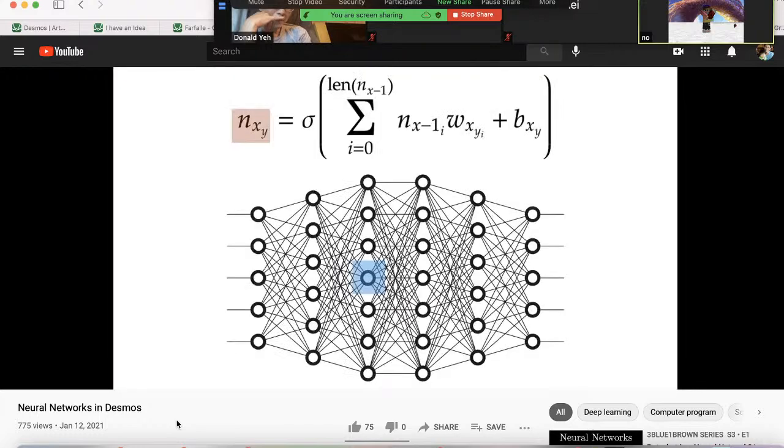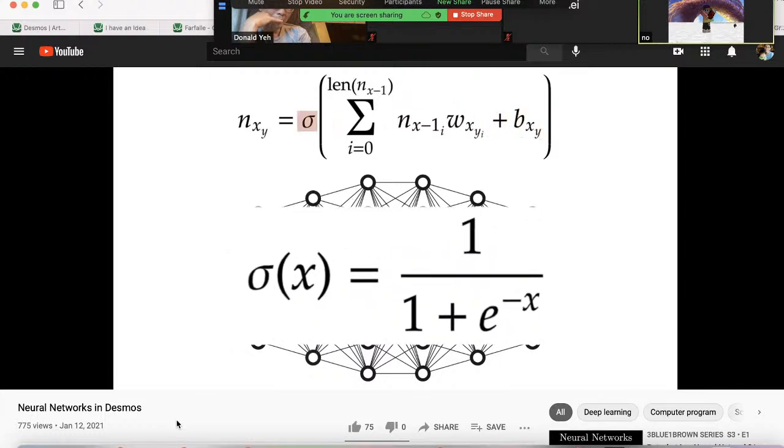A neuron at position XY would hold the value of the sum of all neurons in the previous layer, with each neuron having its activation multiplied by the strength of the connection, or weight at position XY for neuron I. After we take the sum of all neurons multiplied by their weights, we add the bias B at XY for the specific neuron we're finding, then wrap the value in an activation function, which in this case is a sigmoid.